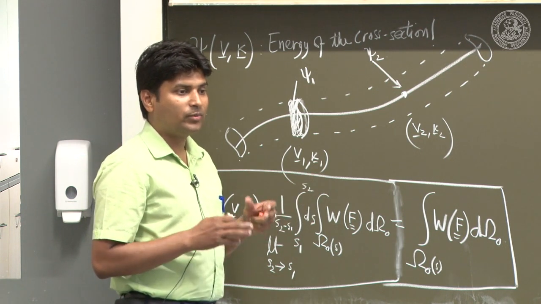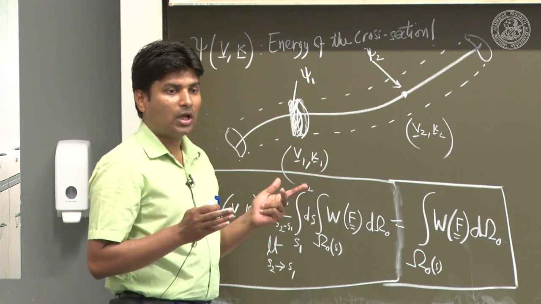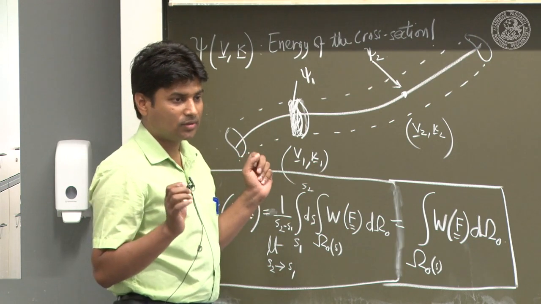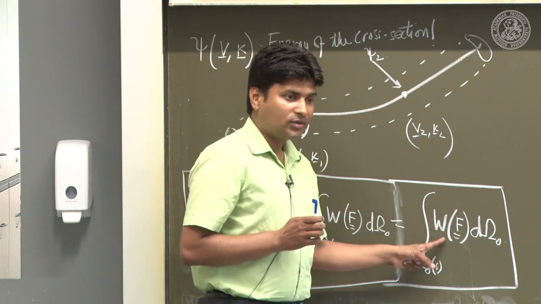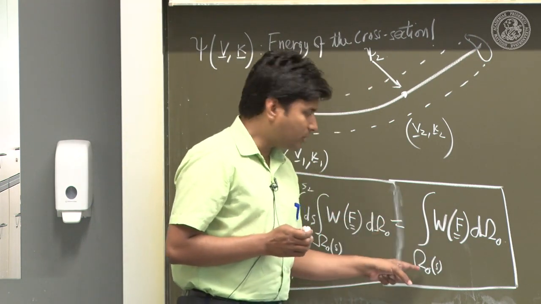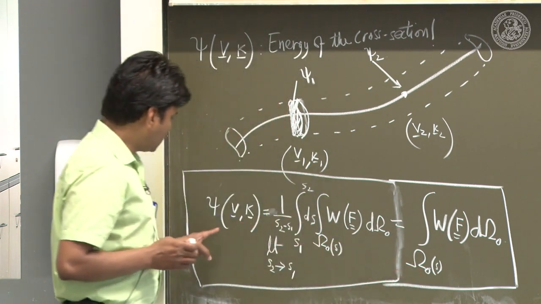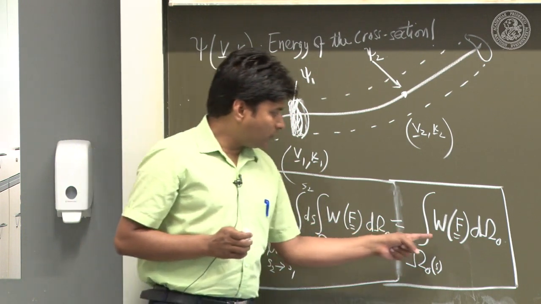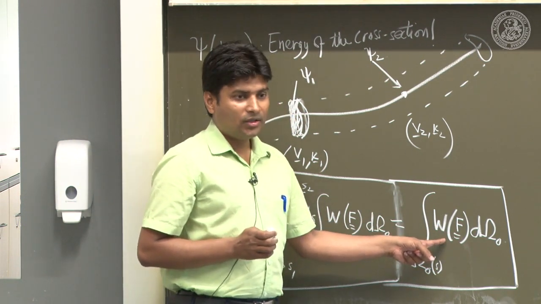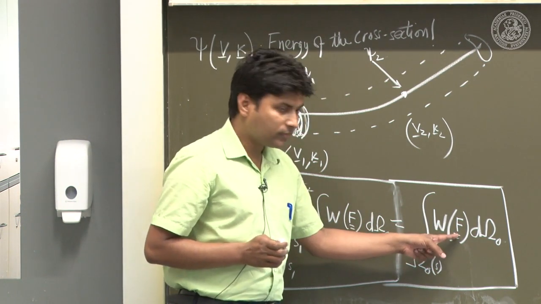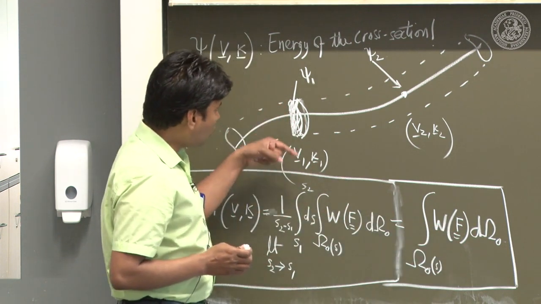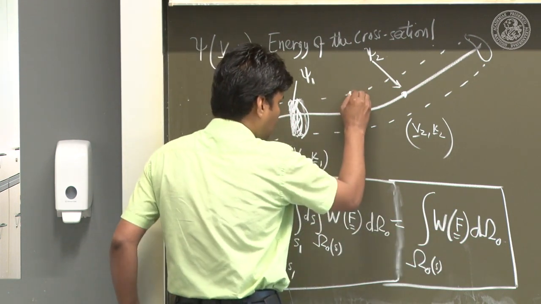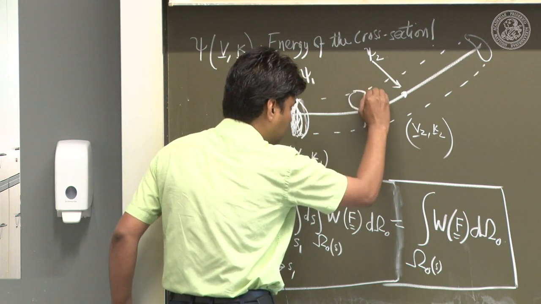That is something we have to assume, or think of as known to us. Then when you integrate this over the cross section, you get your psi. But you see, when you want to integrate this, you have to get your big F all over in the domain. So, now let me write down a different cross section here.